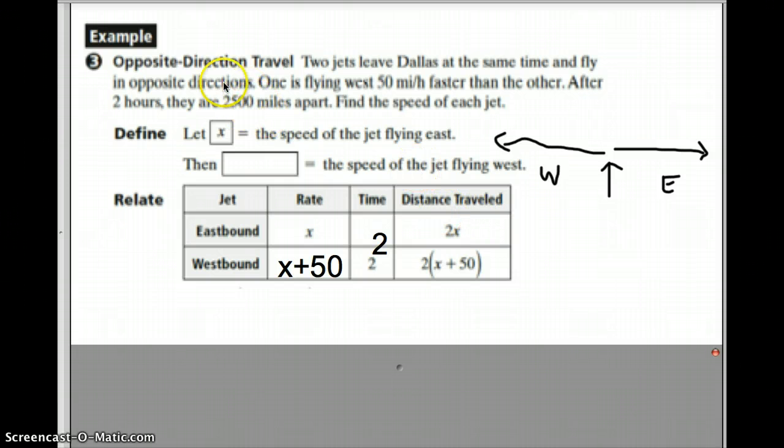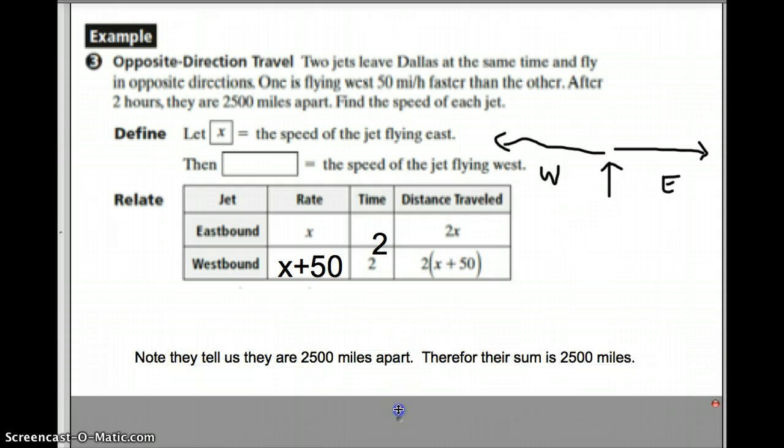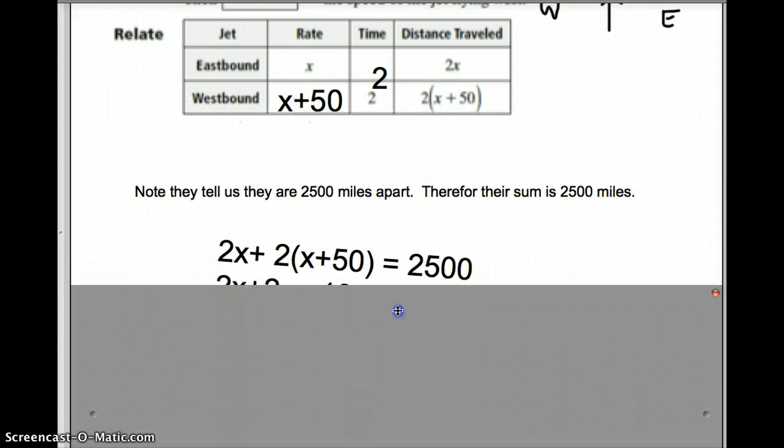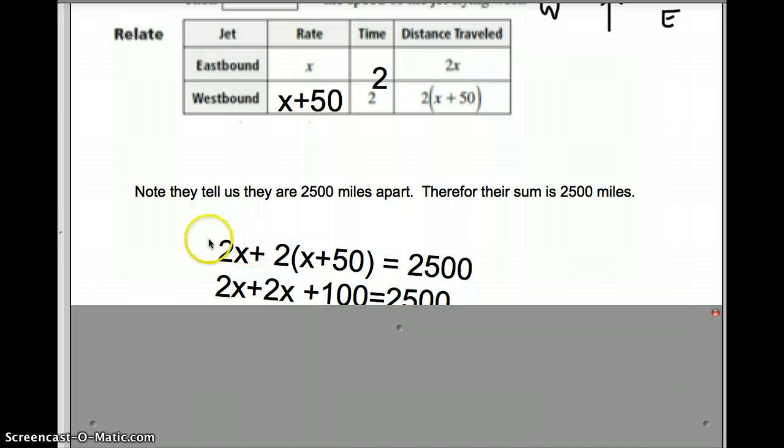So if the total is 2,500 miles, then the sum of those distances is going to be 2,500 miles. So here's my eastbound distance. Here's my westbound distance. Here's my total distance, and I'm adding them together.